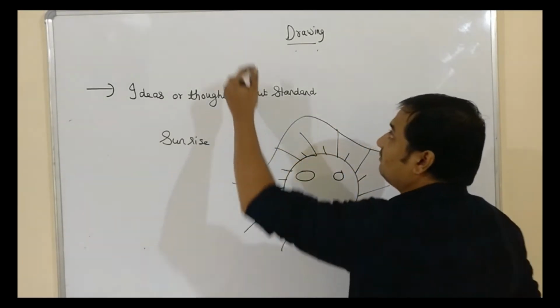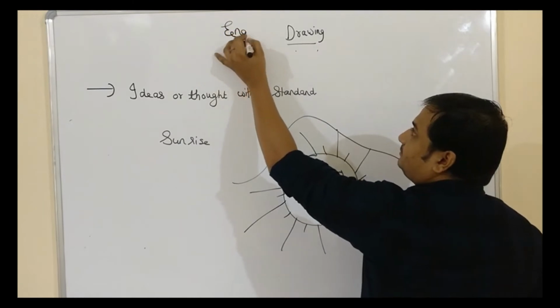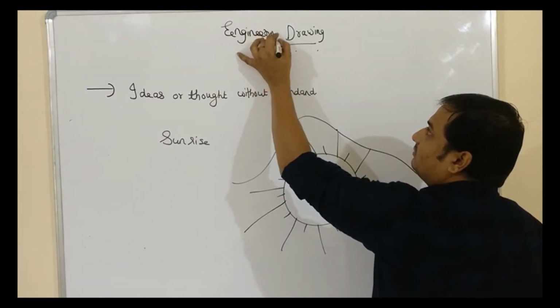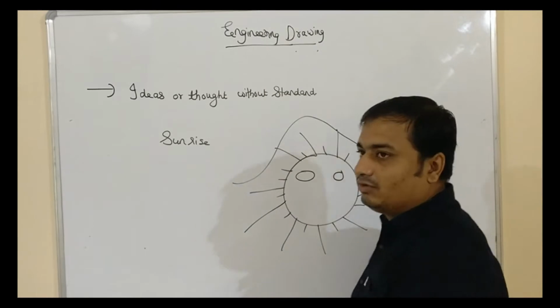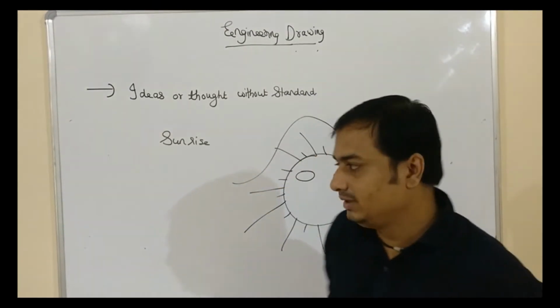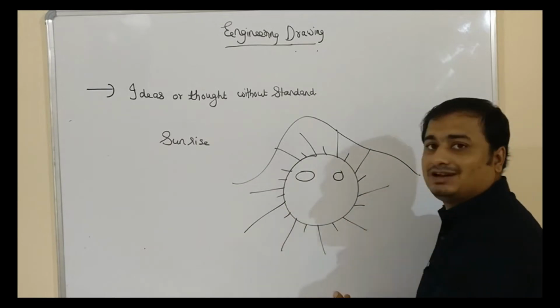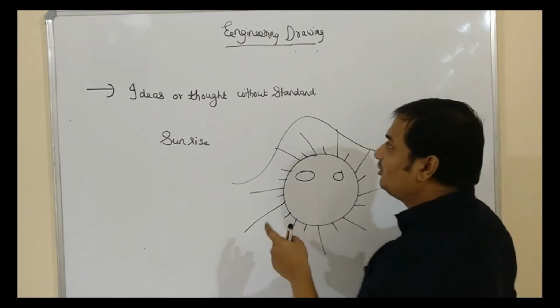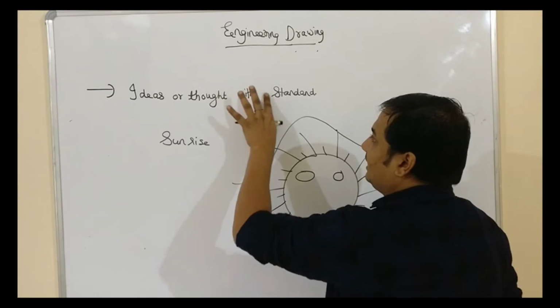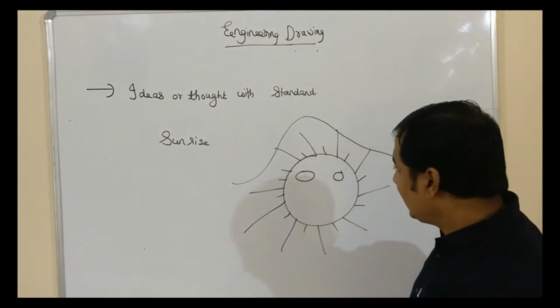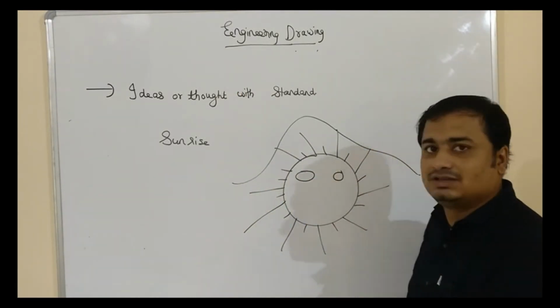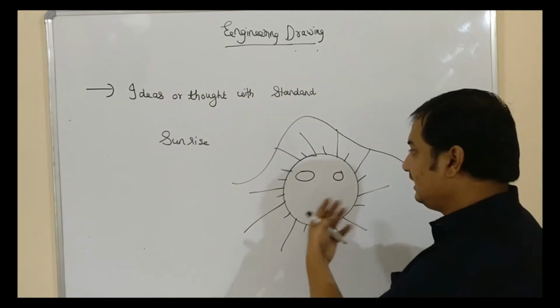But if we add the word engineering before the drawing, now what changes are going to be done in this scenery? Now we have to express our ideas and thoughts with specifications and standards. That means now we have to identify the diameter of the circle which we are going to represent as a sun.